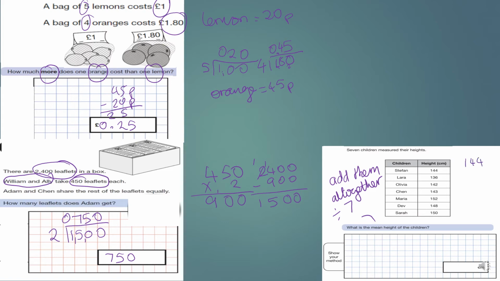So 144 add 136. So 4 and 6 is 10, 8. So that's those two done. Now let's add on 142. Now let's add on 143.